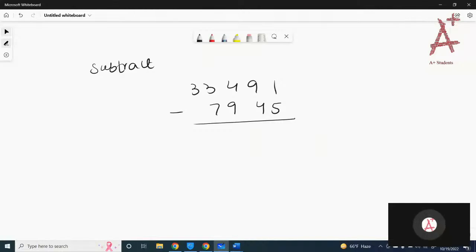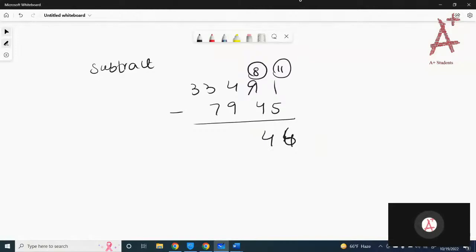Got it? So you need to subtract 5 from 1. You cannot subtract a greater number from a smaller one. So you have to borrow 1. It would be now 8 and it would be 11. So 11 subtract 5 is 6, not 4. Got it? Okay, 8 subtract 4 is 4.